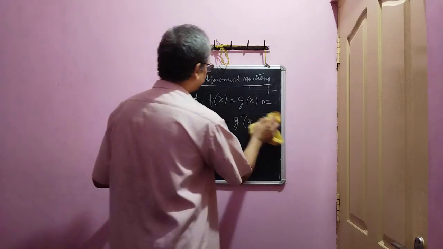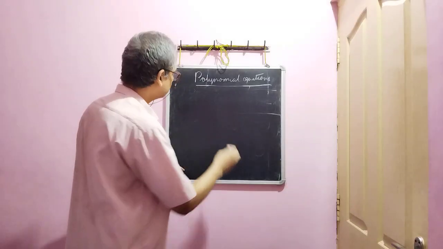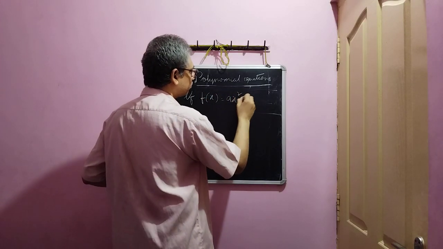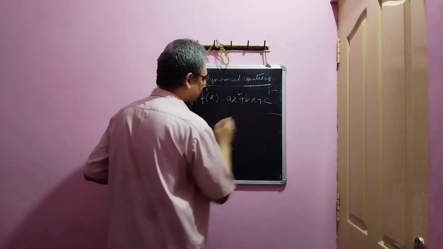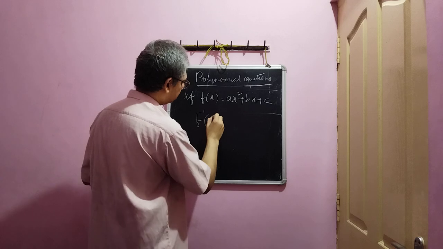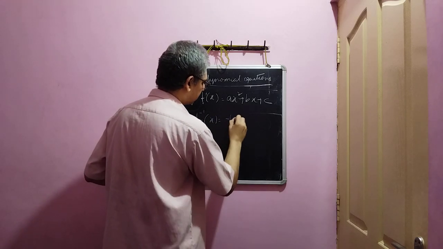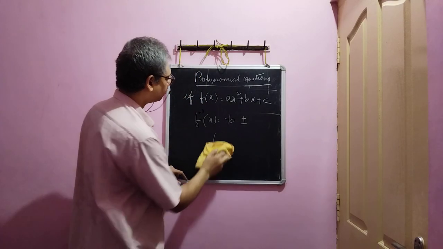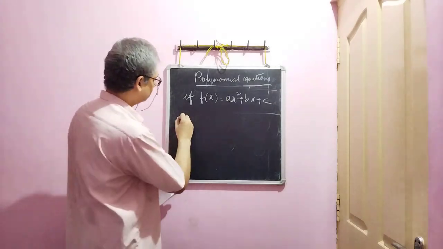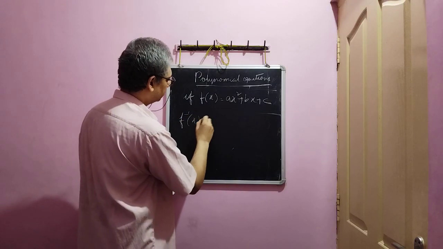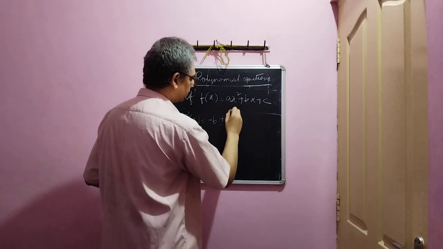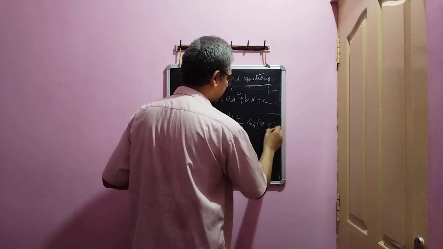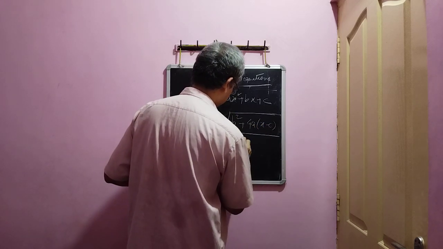Therefore, if f of x equal to ax square plus bx plus c, then f inverse of x will be equal to minus b plus or minus square root of b square plus 4a times x minus c, whole divided by 2a.